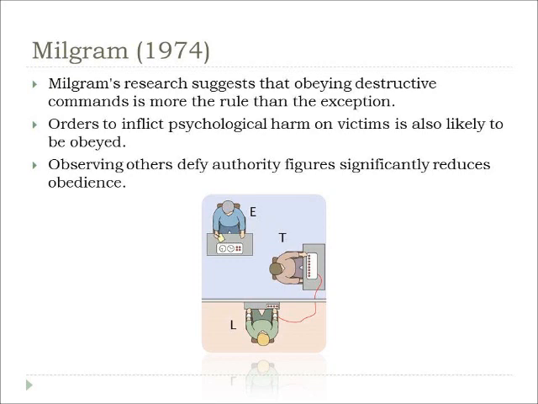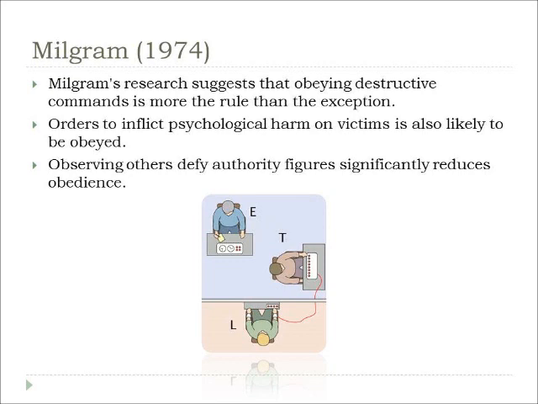Some situational features did affect obedience rates, such as whether the experimenter was labeled a researcher or was just an ordinary person, the psychological distance from the experimenter, the psychological distance from the victim, and the presence of confederates modeling defiance.